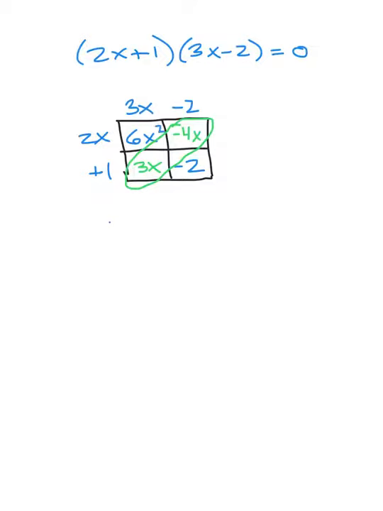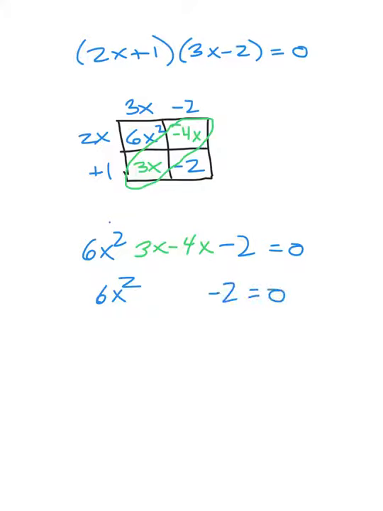So if I put all of these together, I've got 6x squared, and I've got these two like terms, 3x minus 4x, and minus 2, and those two are going to combine, and they're going to give me that single x term in the middle. So we've got this negative 1x.